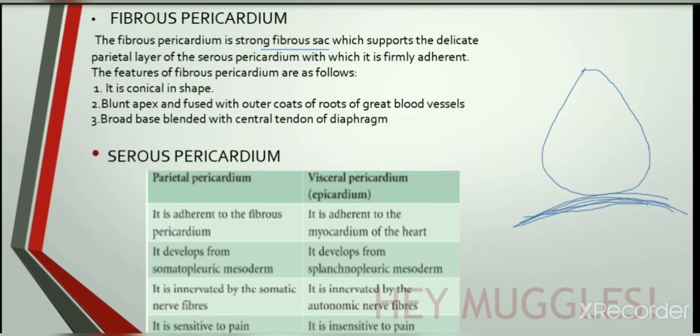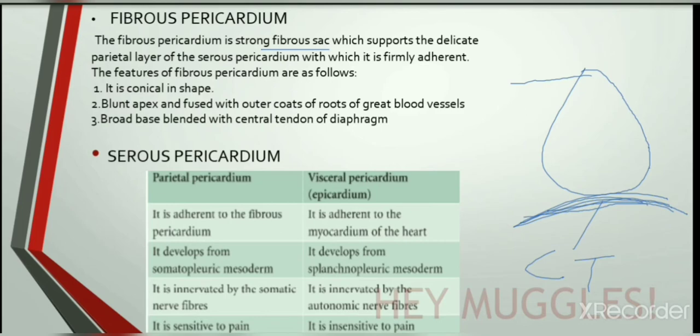The central tendon is a trifoliate structure present in the diaphragm. And this is your apex, a blunt apex. You can see this is not very sharp. So the pericardium has a blunt apex and a broad base which is fused with the central tendon of your diaphragm.